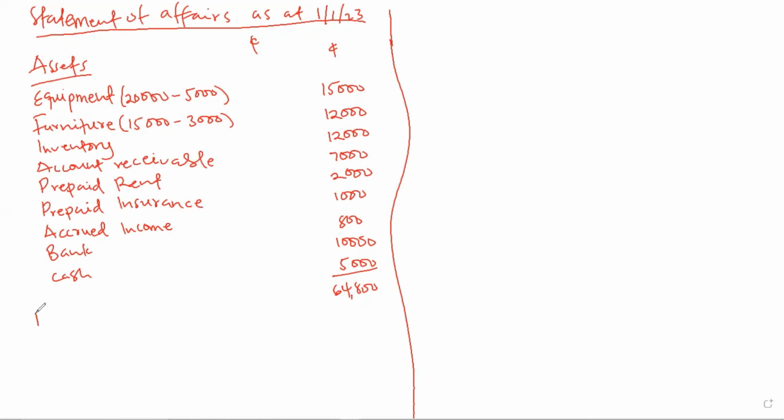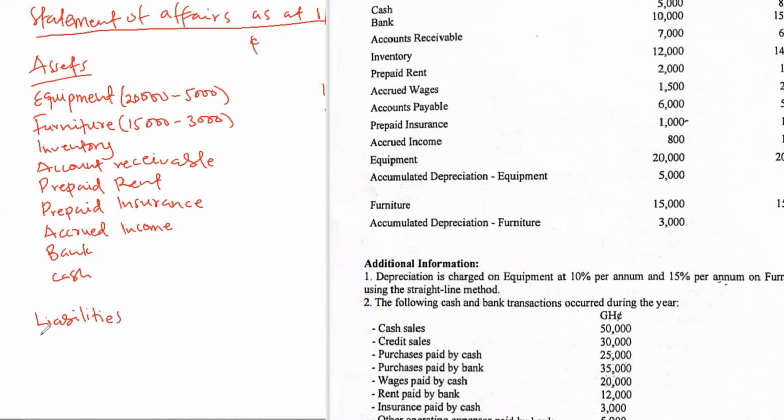Then we come to our liabilities. We do the same, finding the liabilities as at 1st January 2023. The liabilities we have are accounts payable, which is 6,000, and accrued wages, which is 1,500.